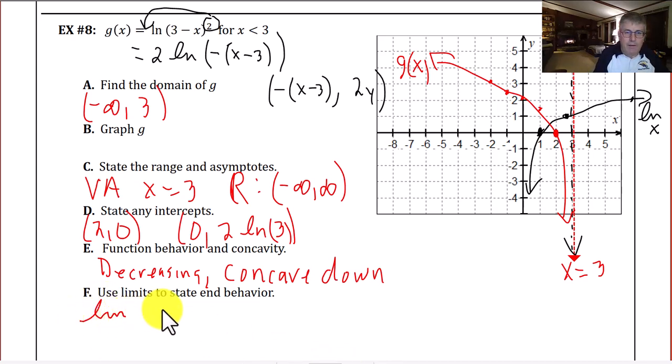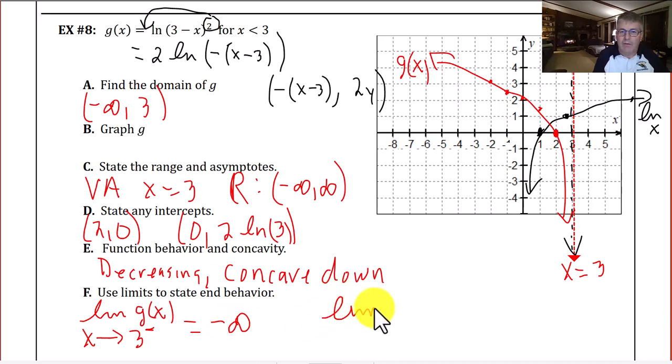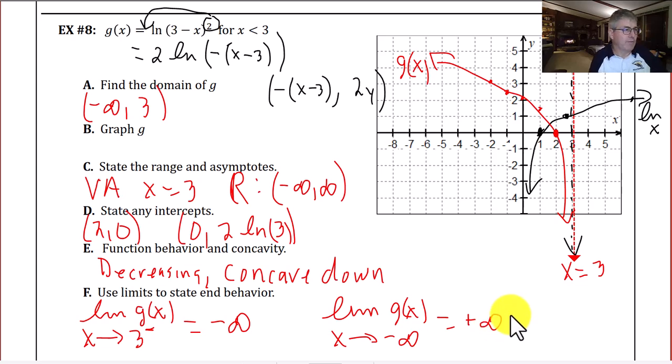Well, the limit of our function g of x as x approaches our asymptote of 3 from the negative side, or from the left, is going to negative infinity. And the other end behavior, the limit of our function g of x as x approaches negative infinity, so heading to the left, is heading out to positive infinity.